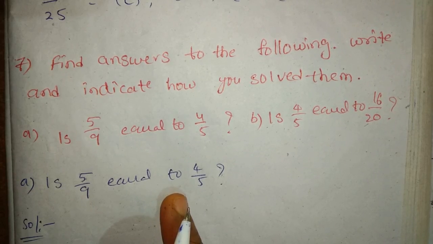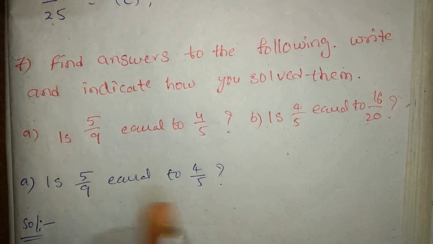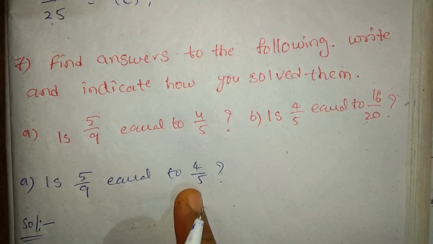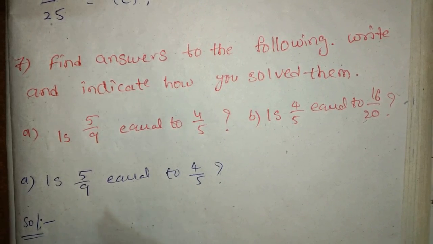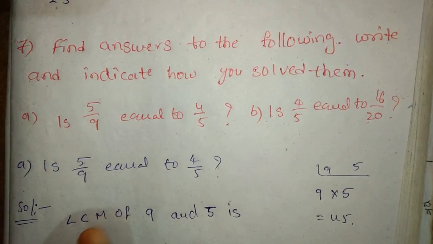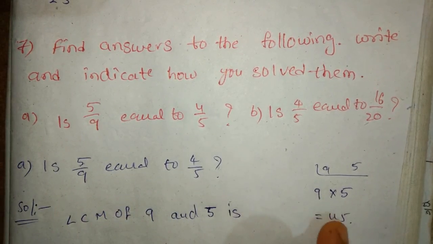So, first let us make the denominators equal. We will take the LCM of these denominators. Here LCM of 9 and 5 is 9 times 5, which is 45.